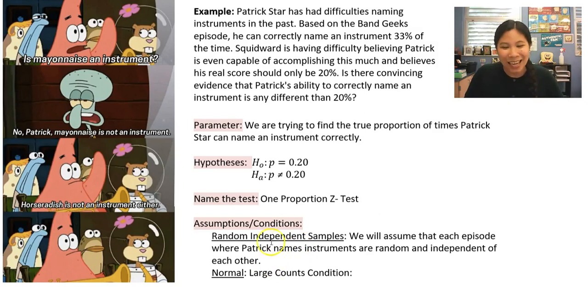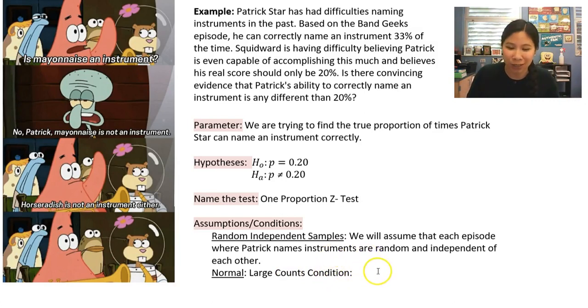All right, then, so we stated, we checked for randomness, we checked for independence, and we did the best we could. Okay, then checking for normality, we need our large counts condition because we are dealing with proportions. So that's n times p times 1 minus p has to be greater than 10.